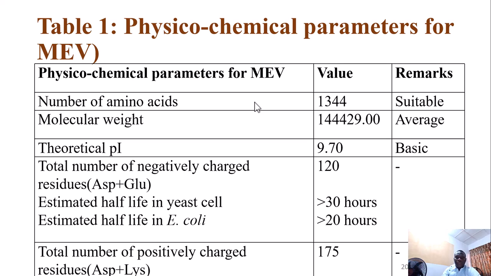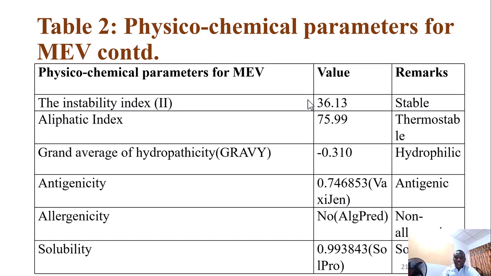This was subjected to physicochemical parameter testing using the ProtParam server, and it was discovered that my vaccine was suitable, with the number of amino acids being 1,344, with an average molecular weight, and the theoretical pI is basic, around 9.7, as displayed here.